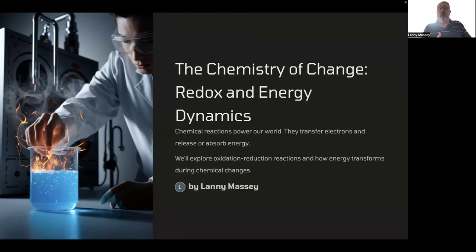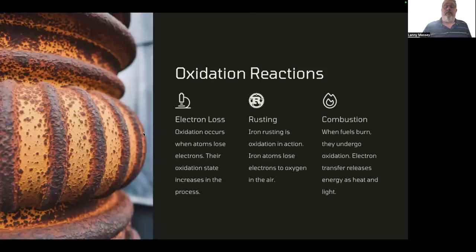We'll get into a little more detail on that shortly. But we have to understand that when one material is being created or is gaining electrons, another material is losing electrons.